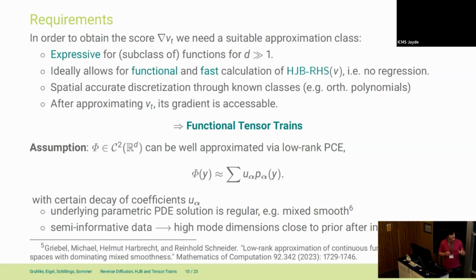Or in the other framework, you're in a setup where you have limited data and your Bayesian inference is not really informative, right? So you stay close to the prior. So maybe high order modes in stochastic dimension stay close to the prior, right? So we still have, in the limit, this Gaussian, say, near structure.